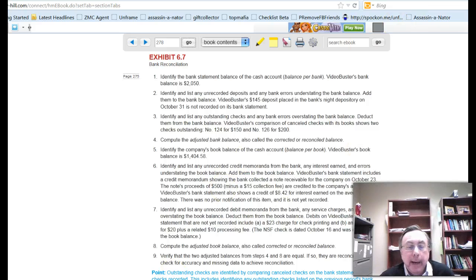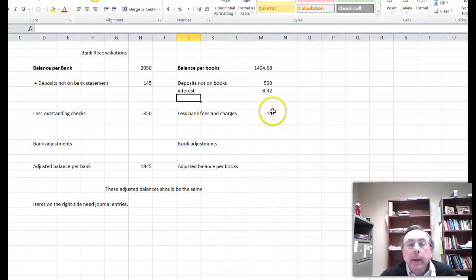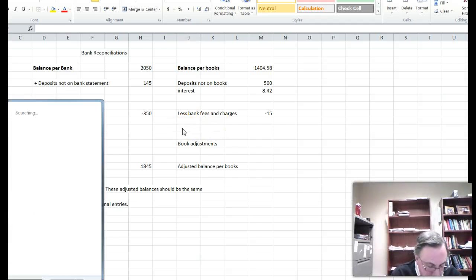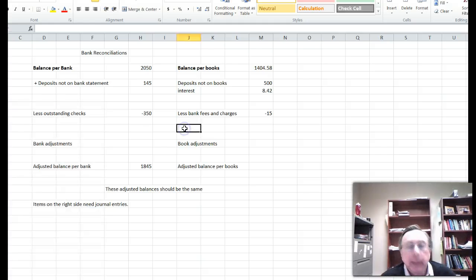So let's go do that. Bank fees and charges. NSF check, non-sufficient funds. Oh, try that again. NSF check, which was $20.